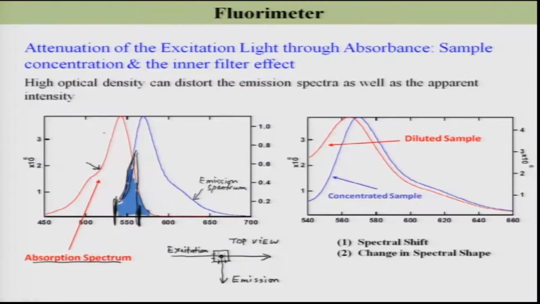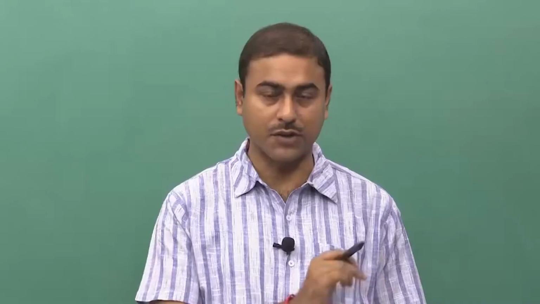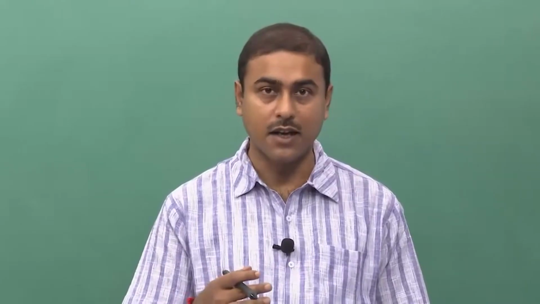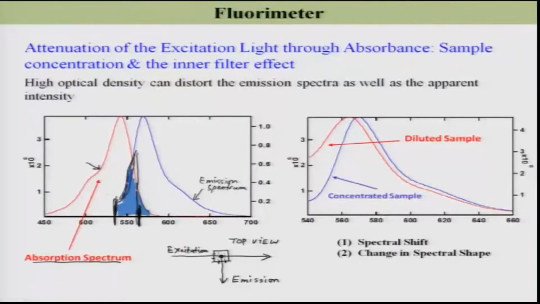Those molecules that are not excited are still in the ground state, because only a fraction of the molecules you can excite from the ground state to the excited state. If you increase the excitation light intensity, then more molecules will be excited, but not all, right. So, those which are not excited, there is a certain chance that those molecules will reabsorb it.